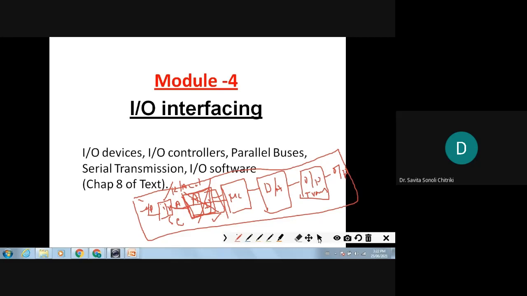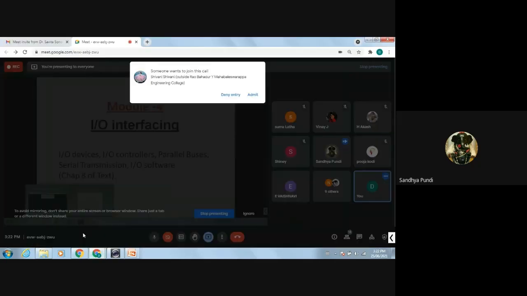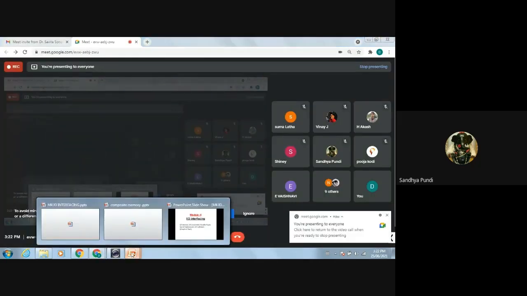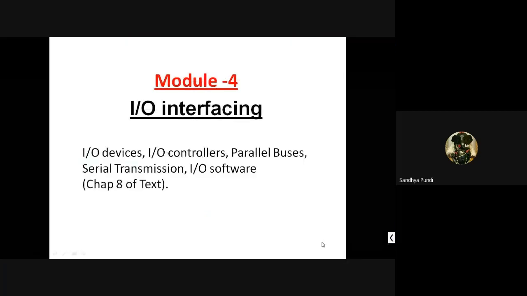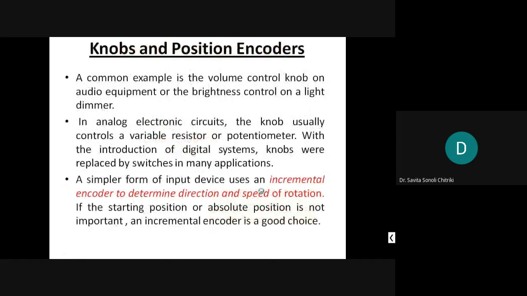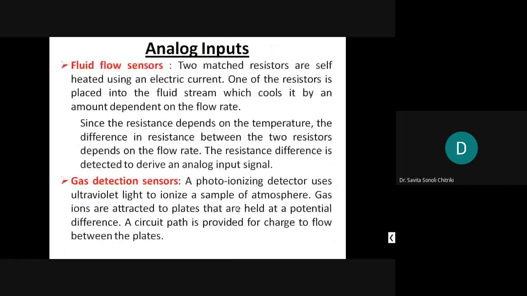Hope you have already studied this in digital class. Have you studied different types of A to D converters? Yes, ma'am. Okay. Then quickly we can go through the different types of A to D converters.